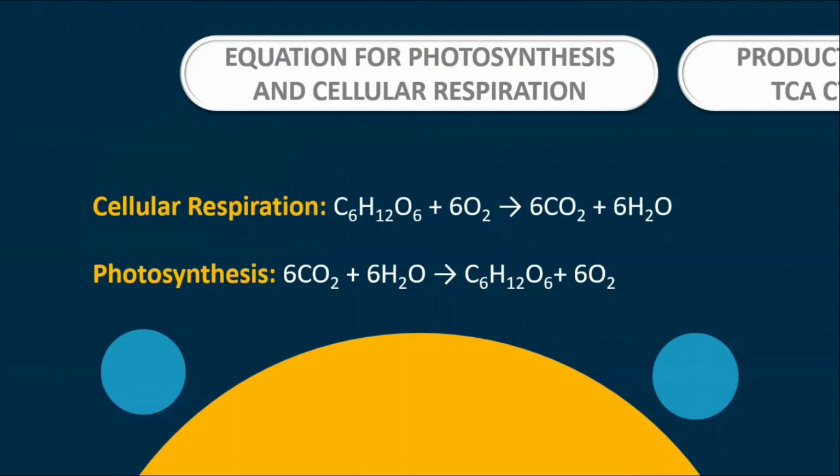Here we can notice the relationship of the two processes, because the product of one process is the reactant of the other. Notice that the equation for cellular respiration is the direct opposite of photosynthesis. So in other words, the products of photosynthesis are required for cellular respiration, and the products of cellular respiration can also be used to power photosynthesis, or are also required for photosynthesis.